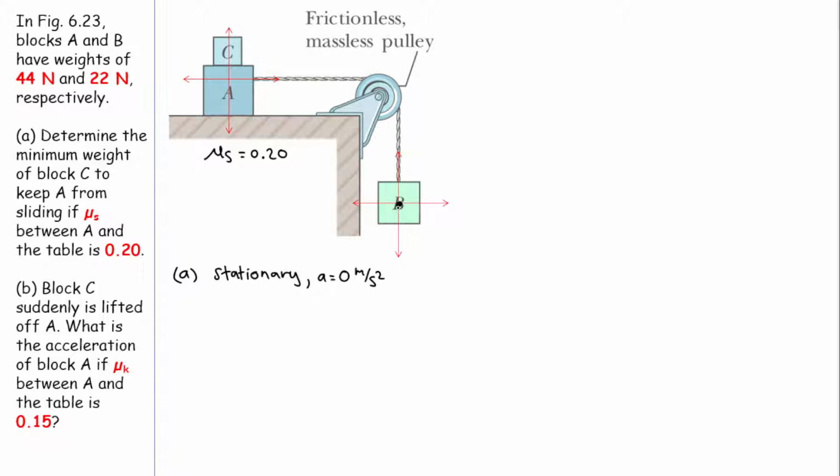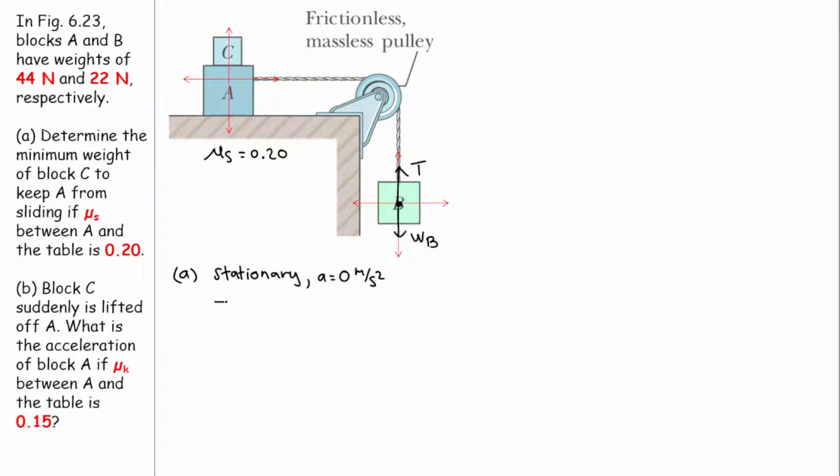Obviously, we have the weight of B pulling it down, so this is the weight of B. But then it is pulled up by the tension of the rope, so we will have this as T. Good. And this is the only force that works on this mass B here.